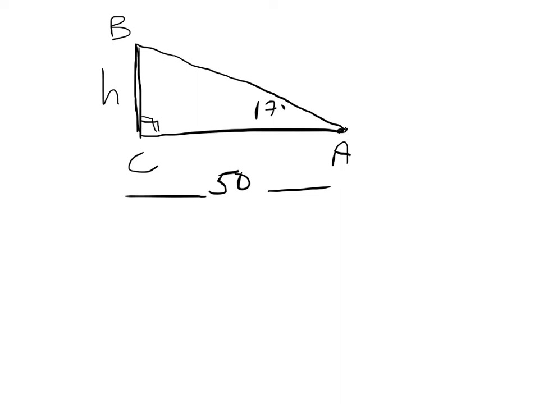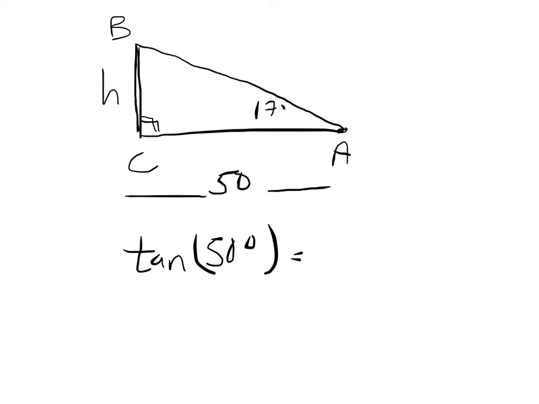In terms of the information I'm given, I'm given an adjacent leg and an opposite leg. Those are the things that I have information about or want information about, relative to the acute angle of 17 degrees. So knowing that I've got an opposite leg and an adjacent leg, I can set up, by definition, the trig ratio.